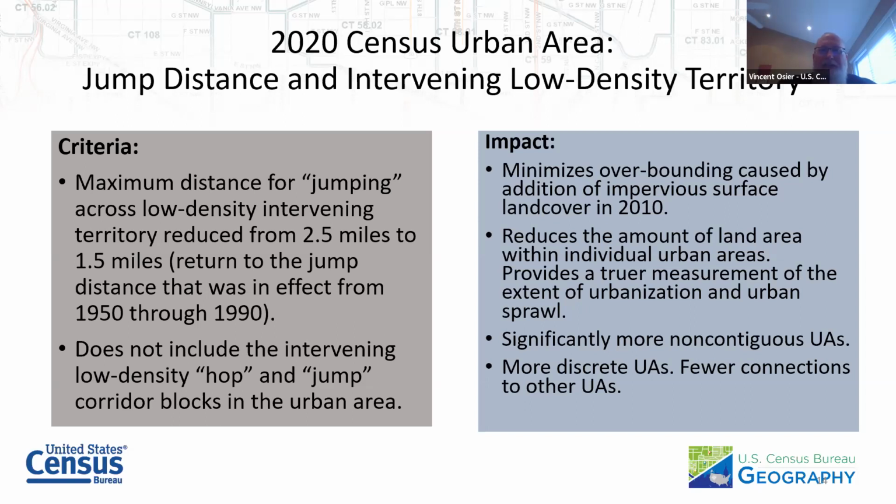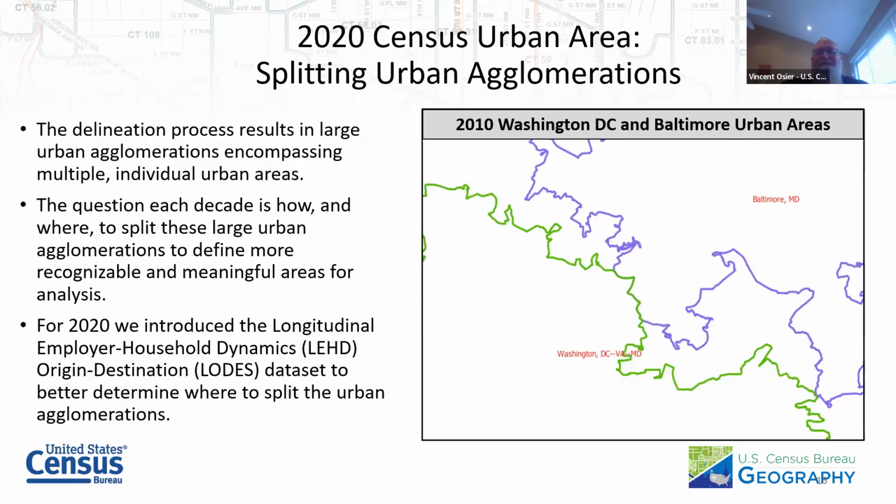All right, please jump to the next one. The last thing here is that split criteria I had mentioned. We had had problems in the past in the logic and defensibility of how we split urban areas. You know, there's always some group of people, more academics, that say, don't split them at all. Just keep all the aggregations together.